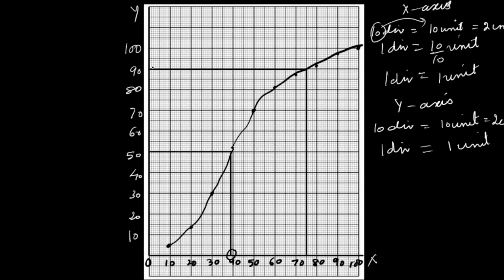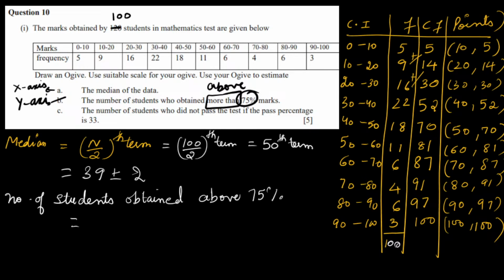Here I can see it is meeting at 90. Above means only this part I need. The total is 100, so 100 minus 90 gives the above part. So above 75% is 100 minus 90, which is equal to 10.